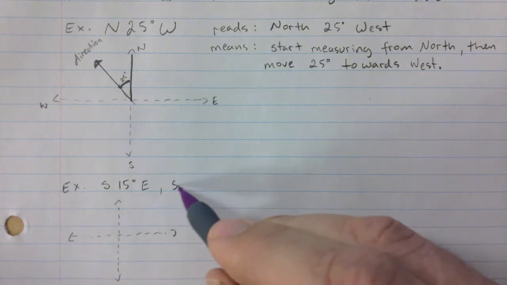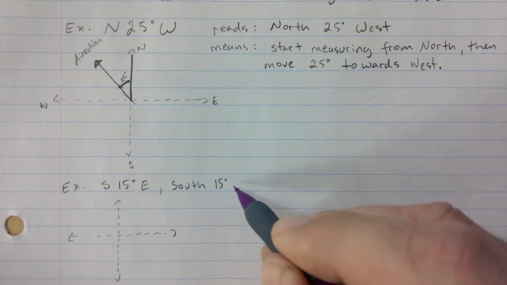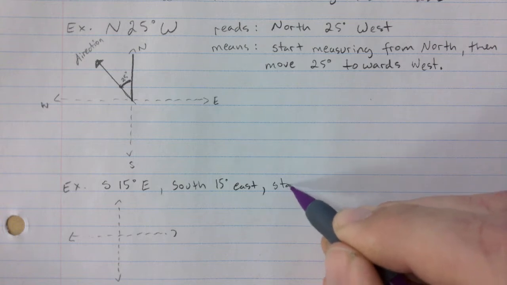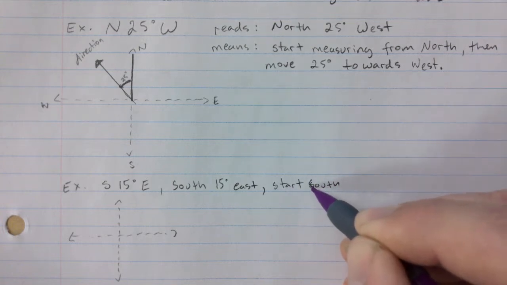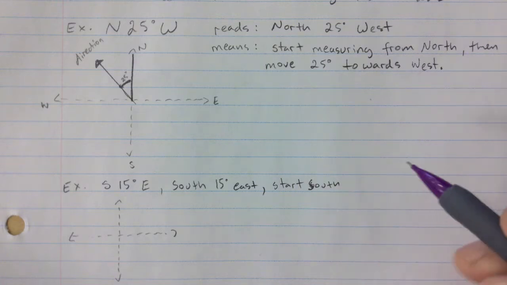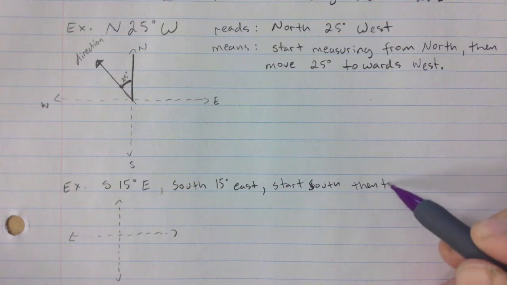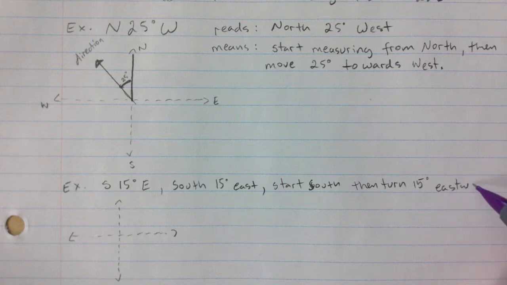That reads south 15 degrees east, and what it means is start south. Then turn 15 degrees eastward.